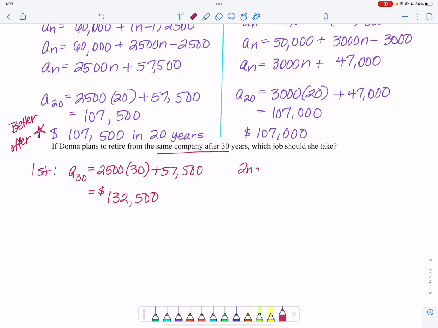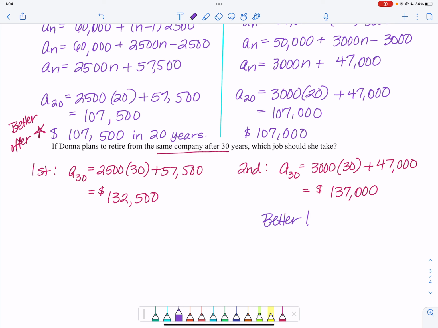And the second offer will have a sub 30 is equal to 3,000 times 30 this time plus 47,000. And here we will have $137,000. So now this time this second offer is better.